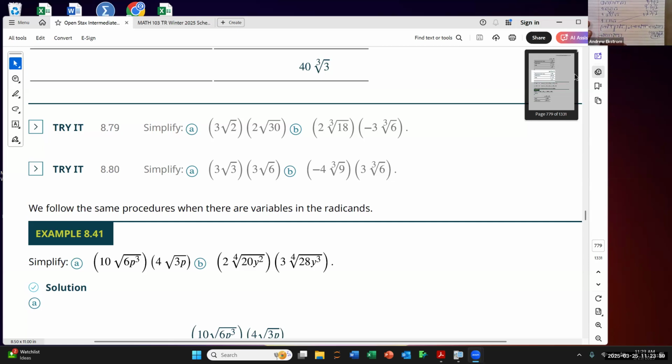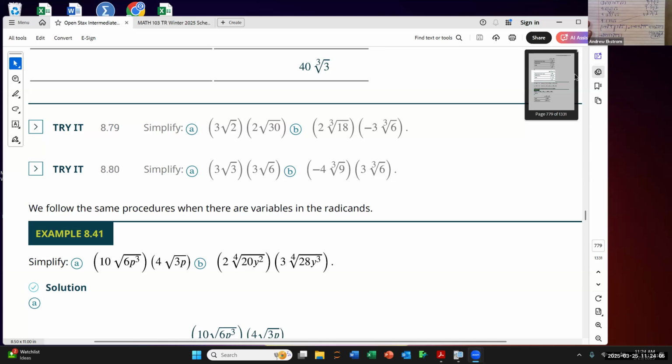Multiply the numbers that are outside of the radical together, so -4 times 3, and everything under the root, so the cubed root of 3 times 3 times 3 times 2. -4 times 3 is again -12.